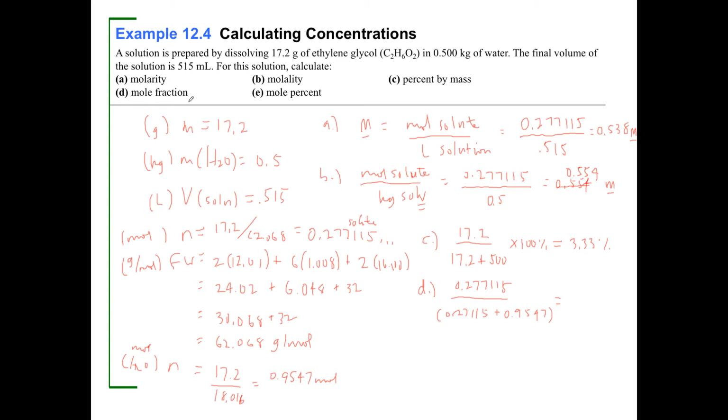Before I write this, I've got to go back and make sure I got it right. There are my moles, 0.277115, that's my part. And the whole is both the solute and the solvent. Sure enough, that's right. I'll write this to 3 sig figs: 0.225. And E, mole percent: I just take that and multiply it by 100. Wow, that wasn't nearly as bad as I feared.